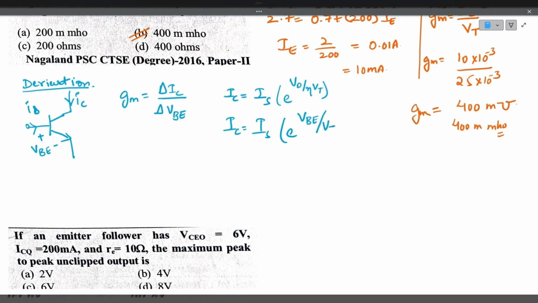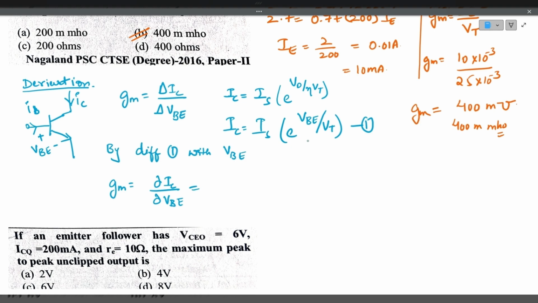This is equation 1. Differentiating equation 1 with respect to VBE, we get the transconductance gm equal to dou IC divided by dou VBE.